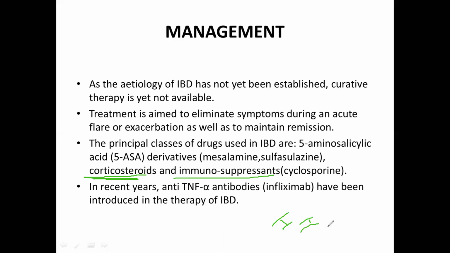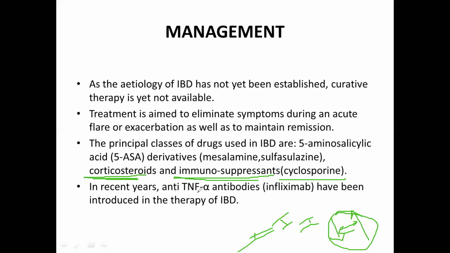There was a decreased level of anti-inflammatory cytokines and an increased level of pro-inflammatory cytokines. Because of this imbalance, there is an immunological response against commensal microbiota also. To suppress this exaggerated immune response, immunosuppressants like cyclosporine are used.